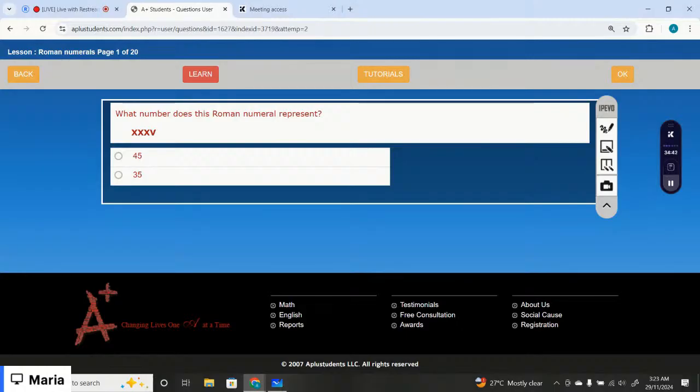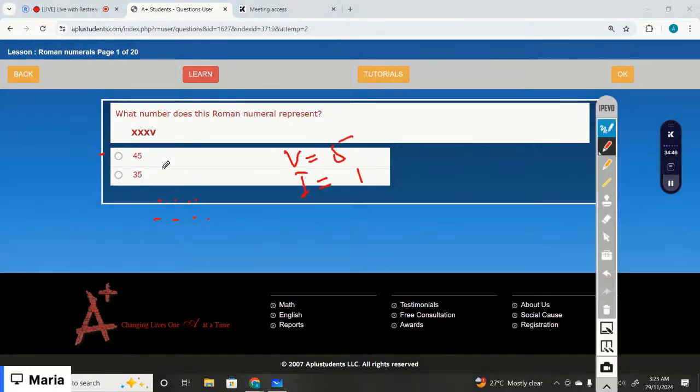What number does the Roman numeral represent? So X is for 10. X represents 10, so you have 10 plus 10 plus 10 because you have 3 times X, and then V is for 5. So just add 10 plus 10, 20 plus 10, 30, and 5, 35.